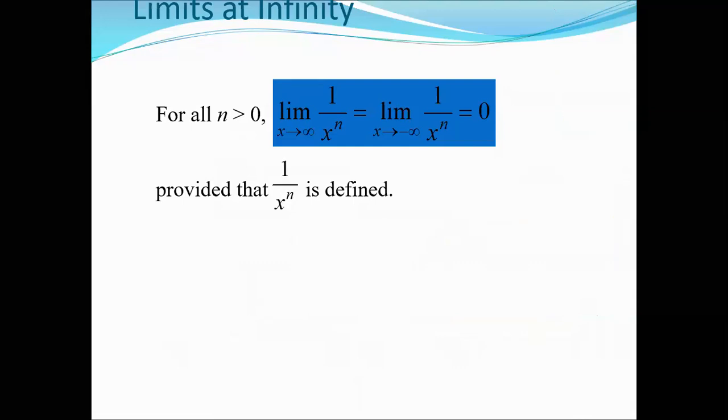When x tends to infinity, 1 by x tends to 0, so 1 by x to the power n also tends to 0. Sorry, 1 by infinity tends to 0, provided that x to the power n is defined, because it is not defined at 0. So we take n greater than 0 and x lying between minus infinity and infinity, except at 0.